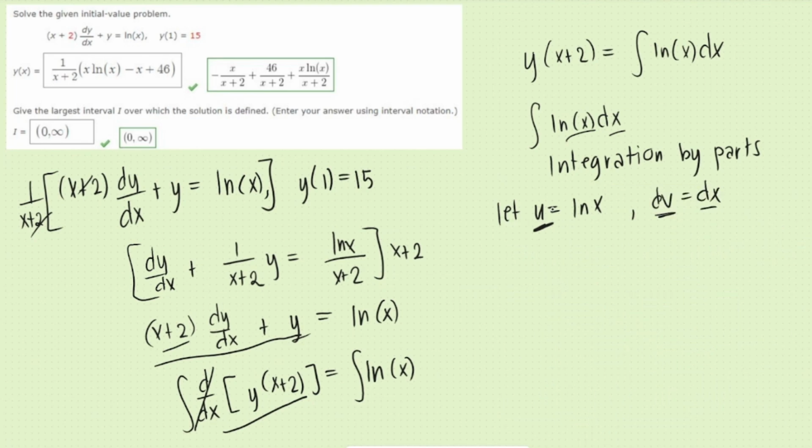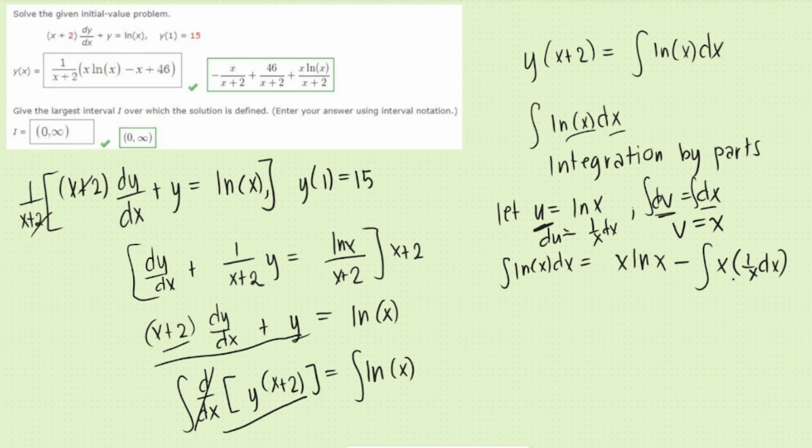So how to solve this? You remember the formula? The integral of ln of x dx is just u times v. Which one is v? After integrating dx, v is just x, right? So we have ln of x times x. So this is x ln x minus the integral of v, which is x, du. And du is just 1 over x dx.